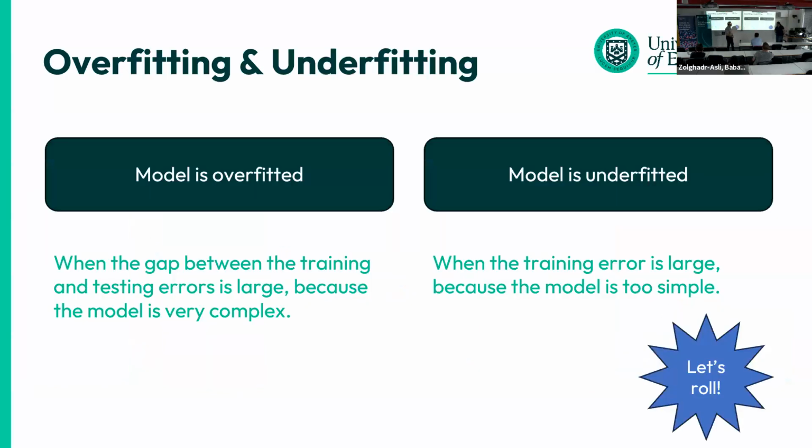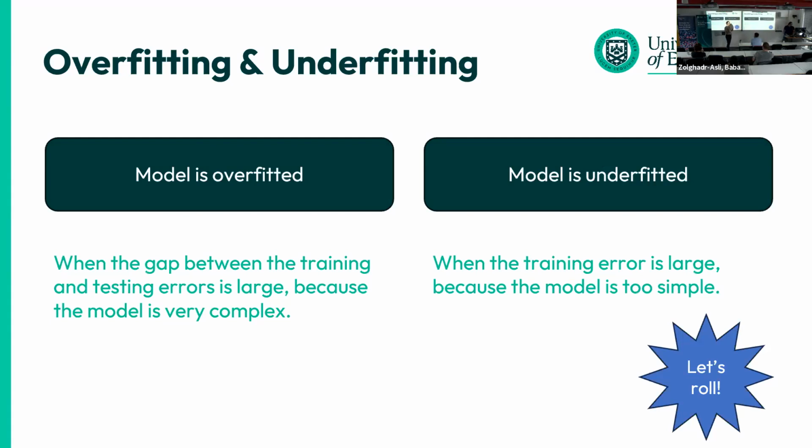Yeah. Good. And do you want to talk about overfitting? Yeah. Maybe you have heard about overfitted or underfitted models. When we talk about overfitted models, it means the model is very complex, in a way that it works very accurately on the train set data.